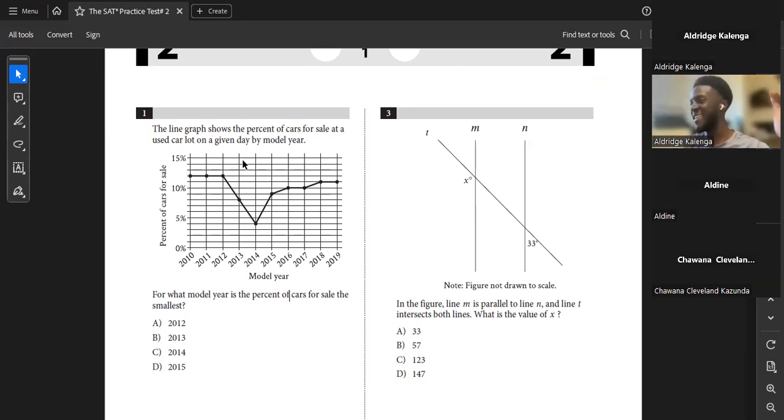Does anyone have any different answers? Is it confusing for anyone? Jaden says D as well. So Auden, Jerome, and Jaden are on D.